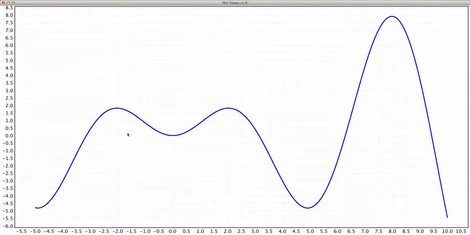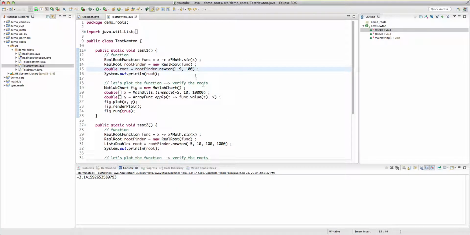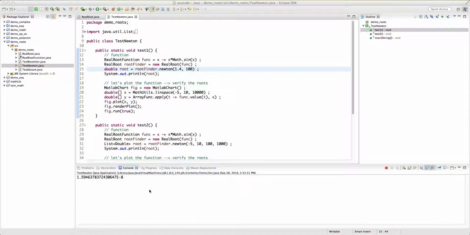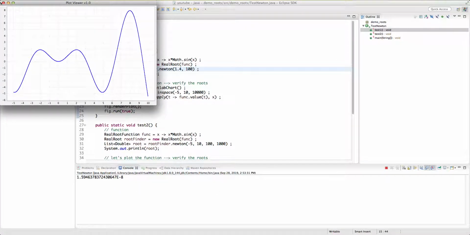If we draw the tangent line at 1.9, it hits somewhere around here, then we get a negative slope. And so if we try to get to a point that gives us 0, maybe let's try 1.4 for example. Now it returns 0, it converges to 0.